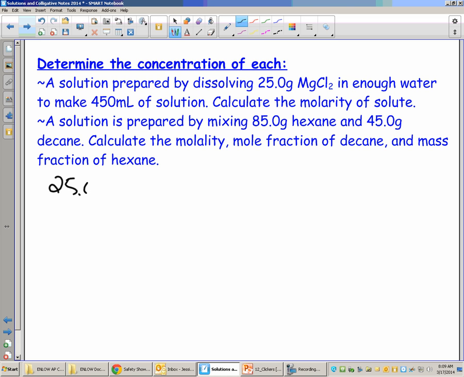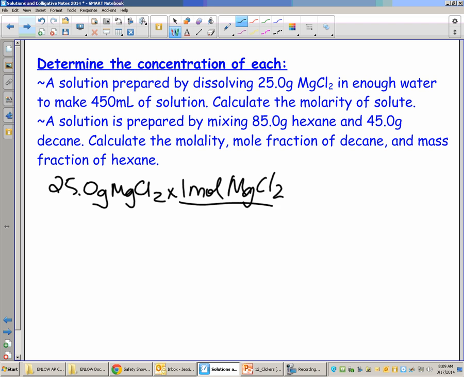25 times... in your head. What is it? 95.2. 1 mole of magnesium chloride is 95.21 grams of magnesium chloride. Alright, and that gives us 0.263 moles.